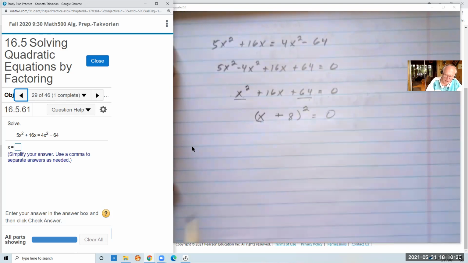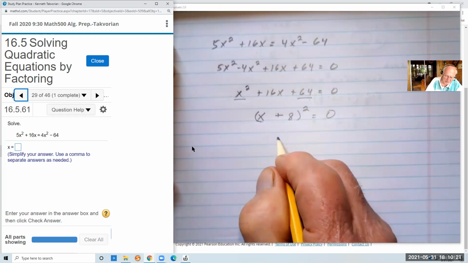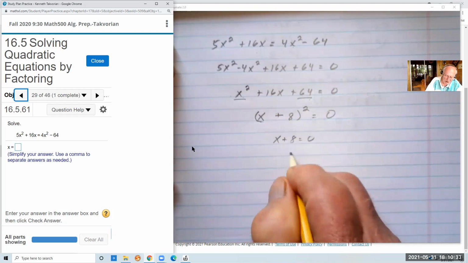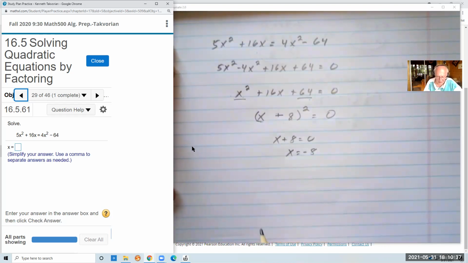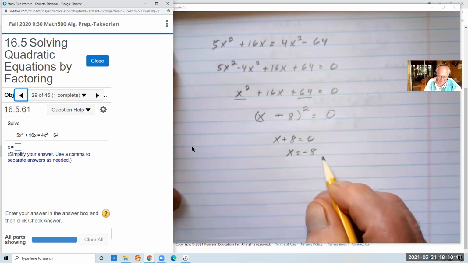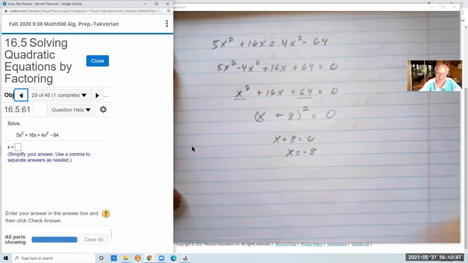And that product is equal to 0. We do not have two distinct factors. We have one factor repeated, x plus 8 equals 0. We can solve and x equals minus 8. In a higher level of math, this will become a double root that means something in terms of graphing the problem. But right now, there's only one solution to this problem, x equals minus 8.